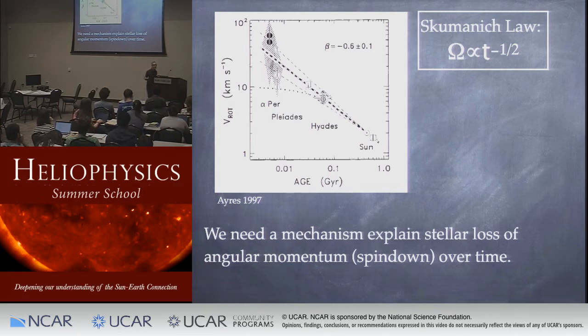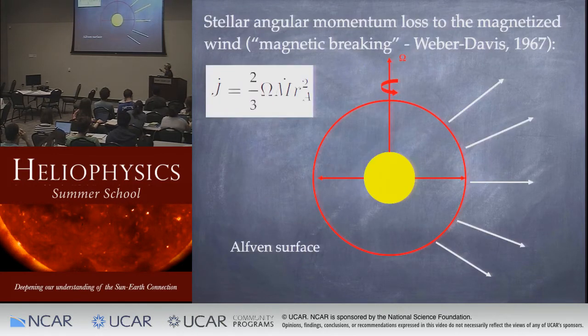How is it so? So the dominant explanation, and it's kind of an old but still valid explanation, is the concept of magnetic braking. And it's the result of the magnetized stellar wind that these stars have. And this is how it works.